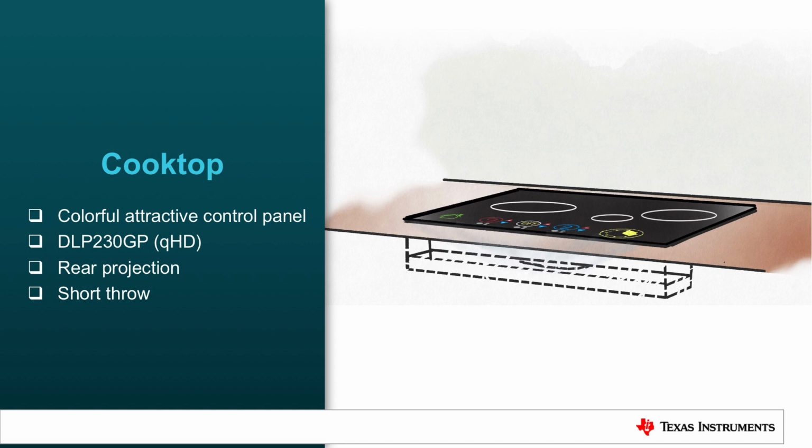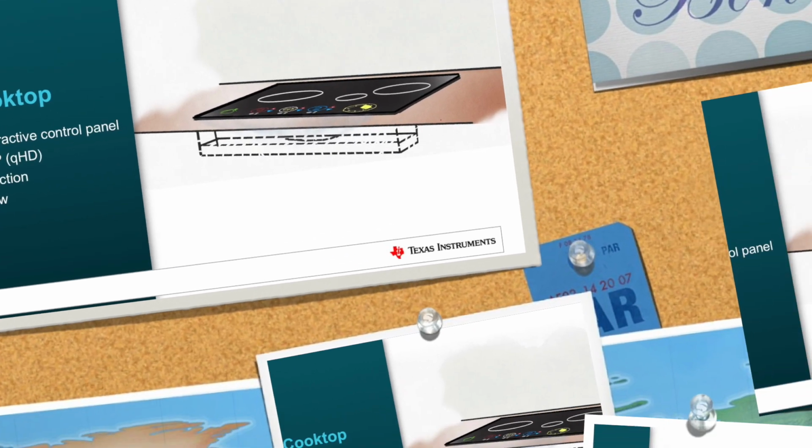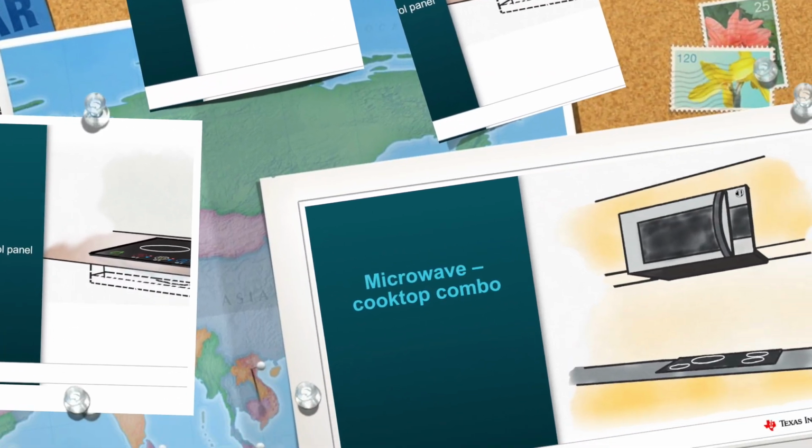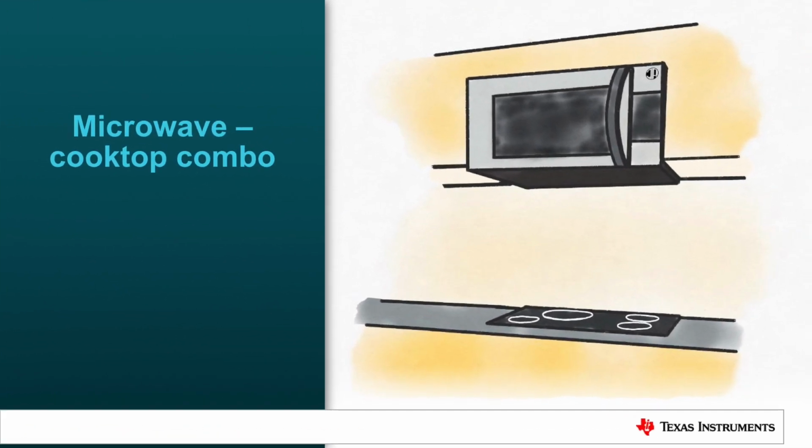Now let's shift gears and see the combination between the microwave and the cooktop. In some cases, there's going to be some bundling between these two end equipment. Similarly to the cooktop by itself, the idea here is to have a display or interactive touch panel that covers the cooktop.